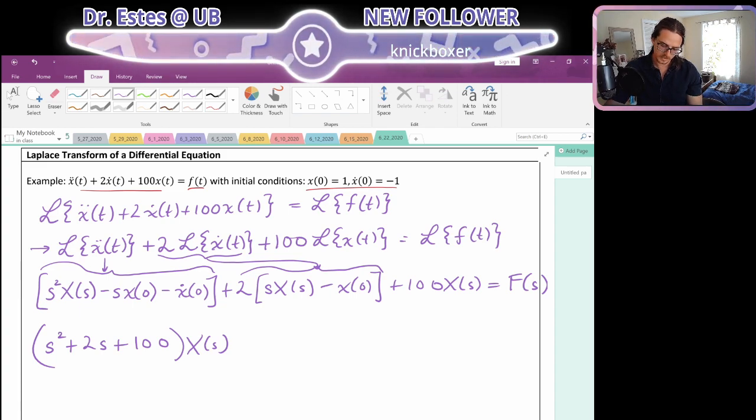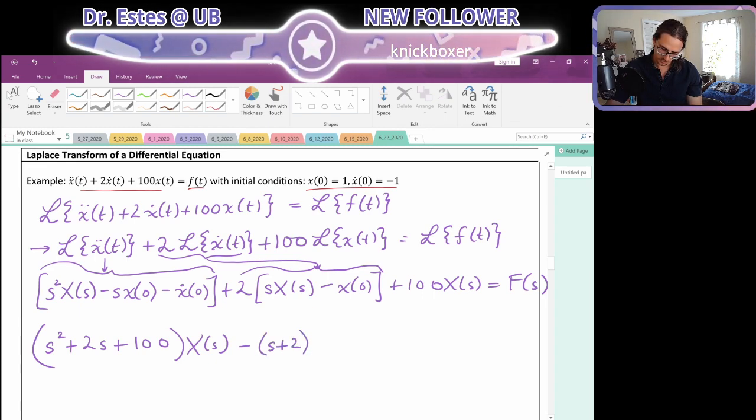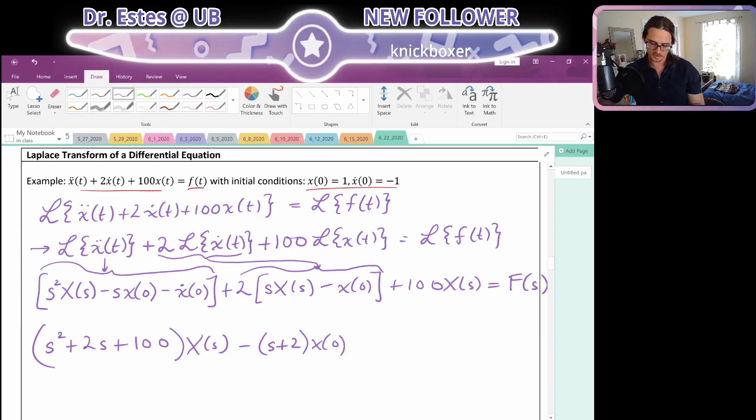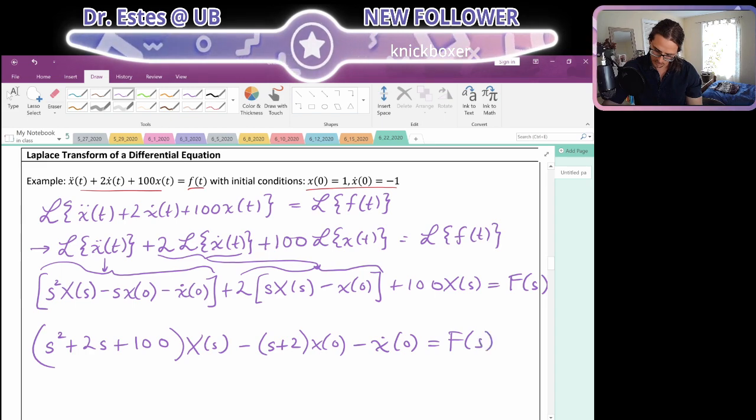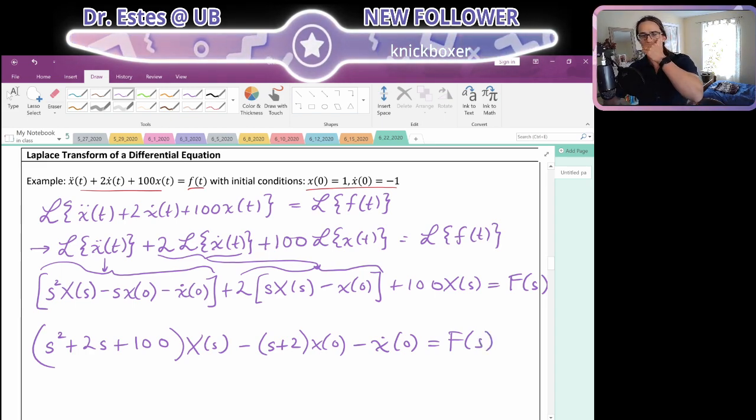I'm going to gather these x naught terms. I think it's s plus 2. So I'll have minus s times x naught minus 2 times x naught minus x dot naught equals F of s.